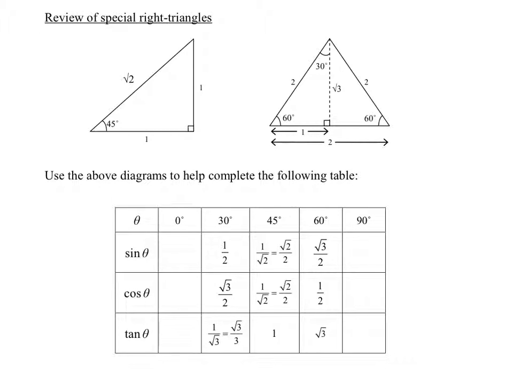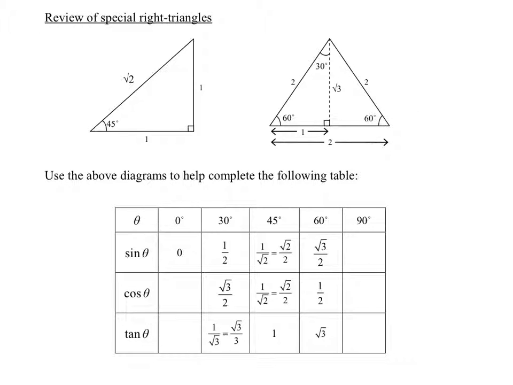And the last thing, you have to use your imagination a little bit here. If you imagine this angle here getting smaller and smaller and smaller, in other words, we had a triangle that was going to look like this, you'd imagine what was happening to the opposite side. That opposite side there would be getting smaller and smaller. So the opposite would be close to 0, so you'd have 0 divided by something. So the sine of 0 degrees is just 0.